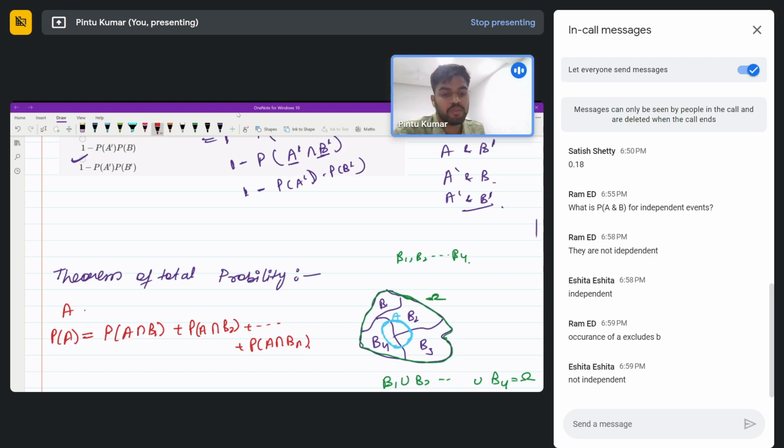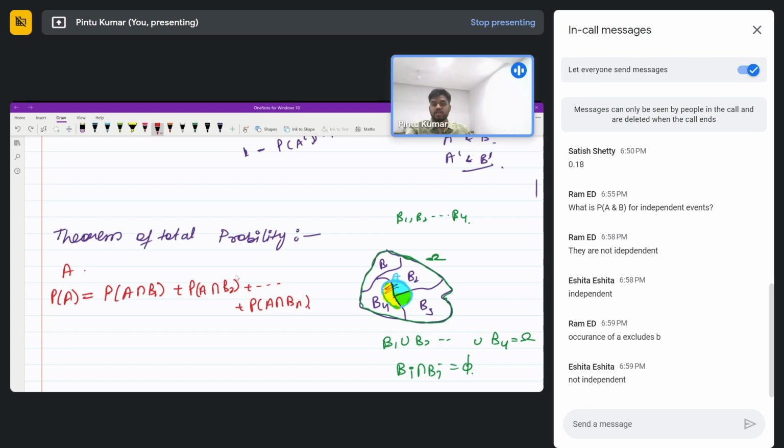The number of elements in A is the number of elements in A intersection B1, plus A intersection B2, plus so on up to A intersection B4. The same translates to probability: you take the probability of this much portion first, and sum to it the probability of this much portion, and then this much portion. This is known as the theorem of total probability.